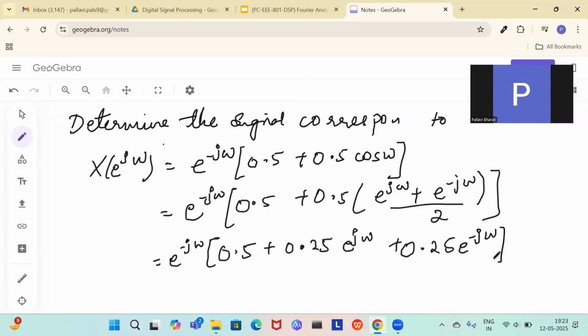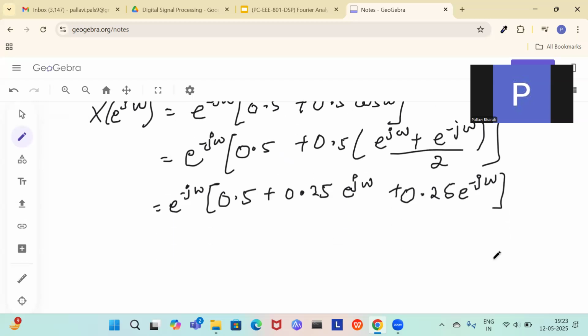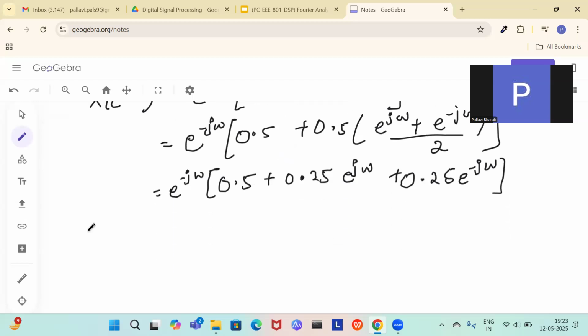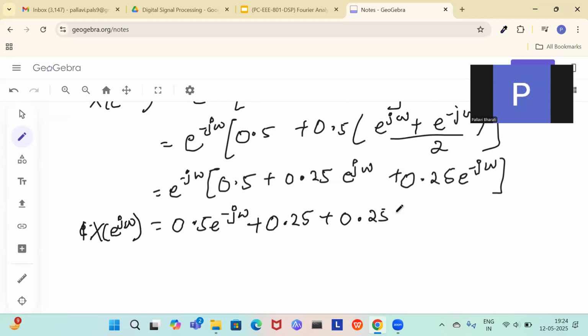Now multiply all with the outside e to the power minus j omega, then you will get the final x of e j omega. It will be equal to 0.5 e to the power minus j omega plus 0.25, since these two multiplied become 1, and 0.25 e to the power of minus 2 j omega.